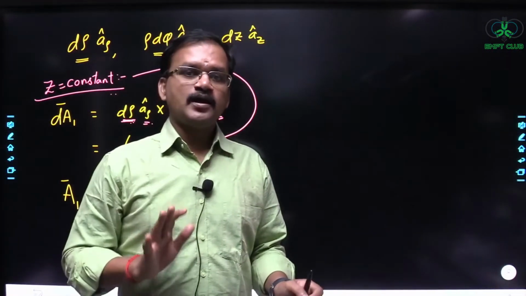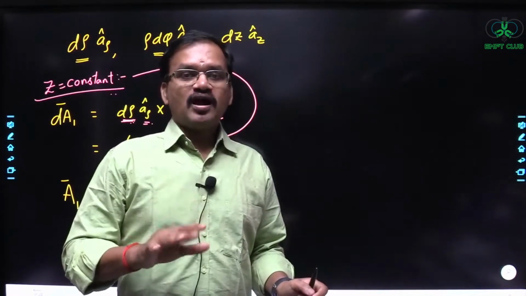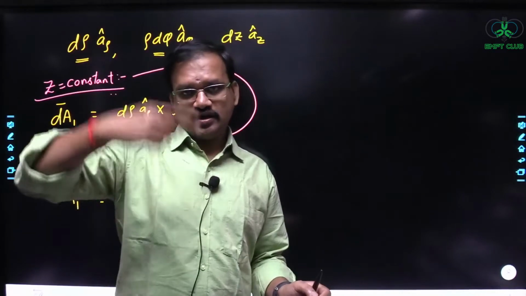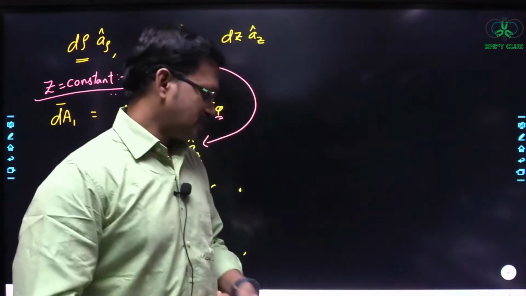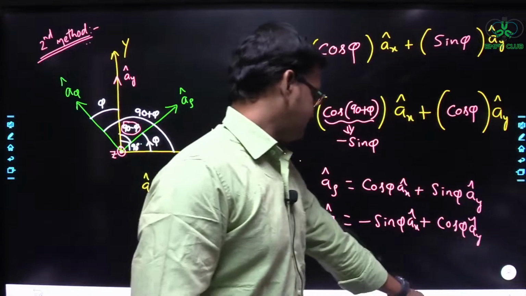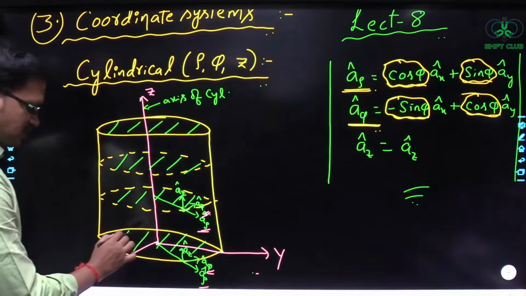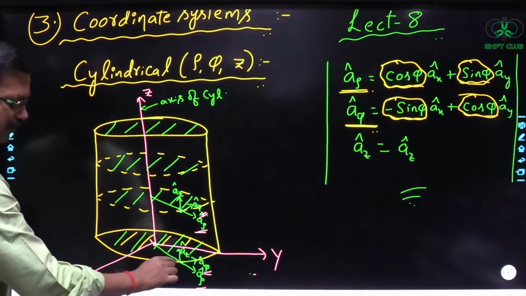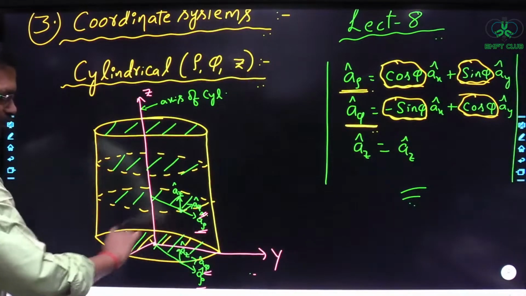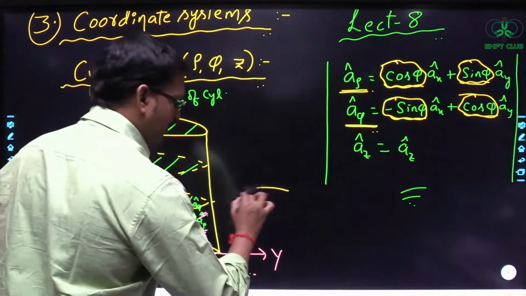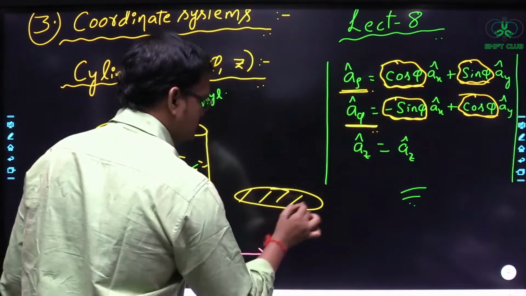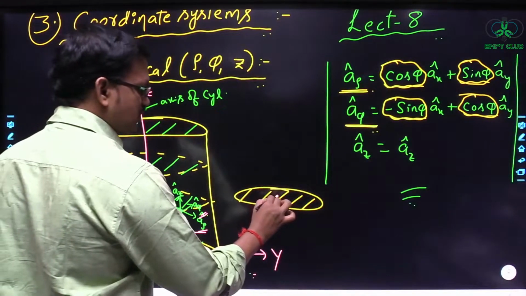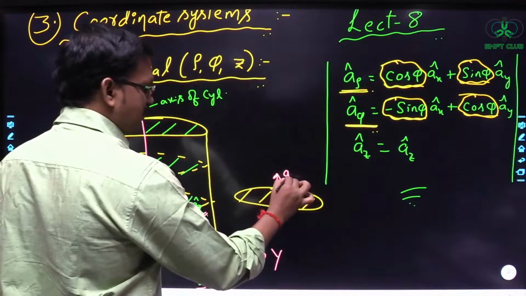Understood? So if you draw a normal to that circular surface, it is going to point in which direction? The a_z cap direction. See, it is just like this one. This is the surface you are going to get, isn't it? By varying rho and phi, you get the surface of the circle, and if you draw the normal to this surface, it is going to point in the a_z cap direction.